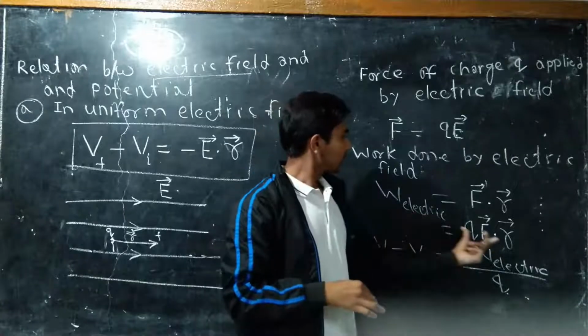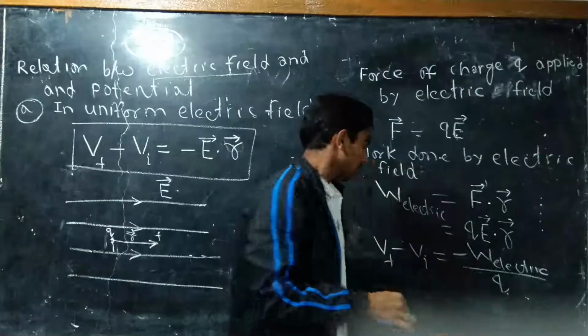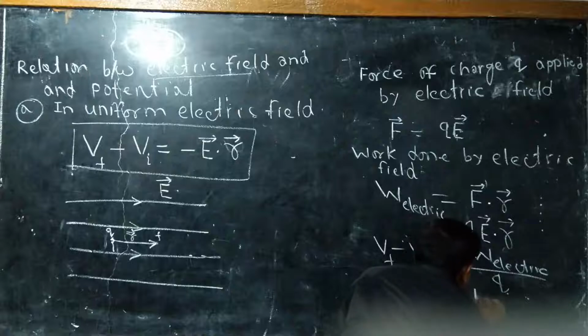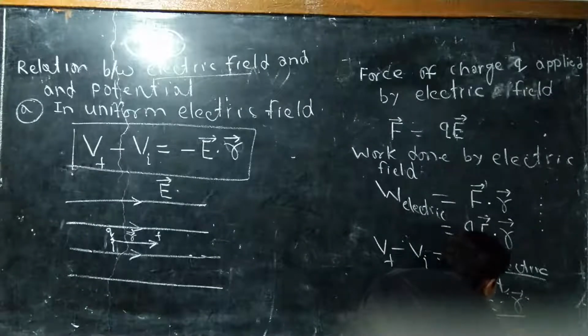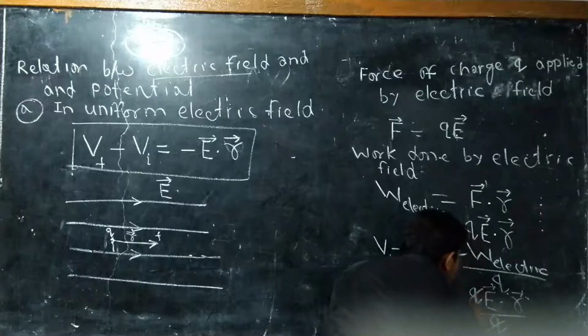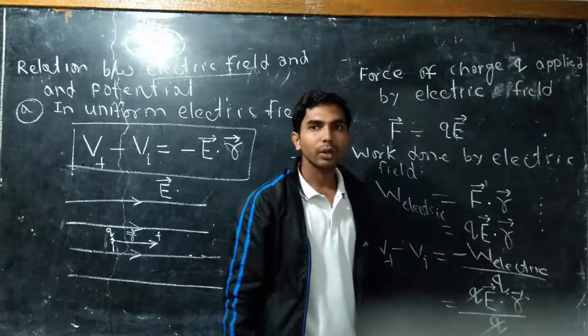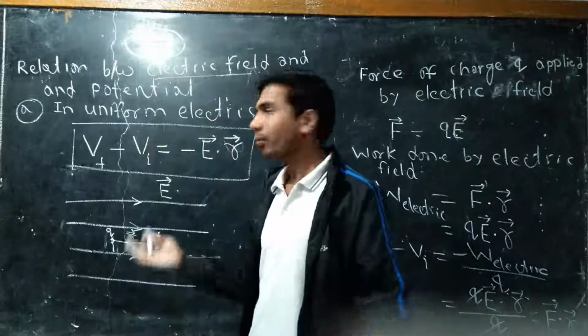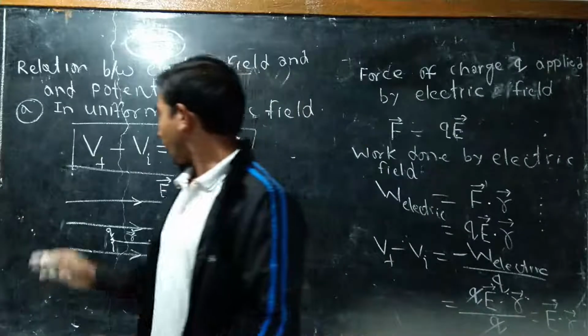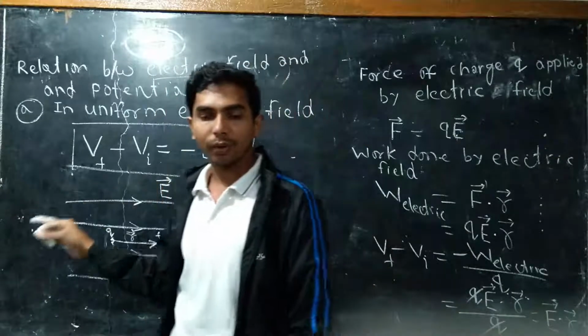So W electric is this much, so just substitute the value. QE dot r divided by Q. This Q and this Q cancel, right? So what value is coming? E dot r is coming. So somehow this is proof of this expression, right? This is clear to you, right?